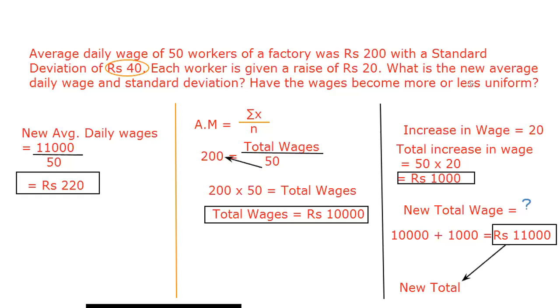What was our previous average? That was rupees 200. This is our old average, that is X bar, and this is our new X bar. So we have to find, after increasing rupees 20, whether the wages become more or less uniform.